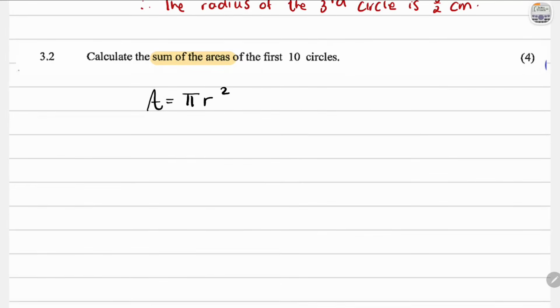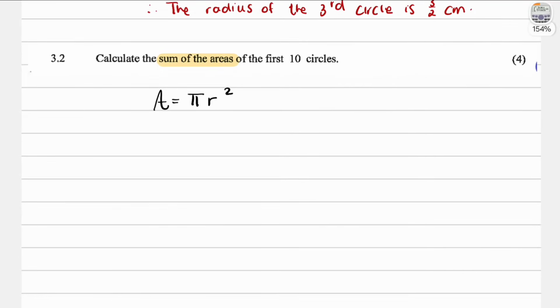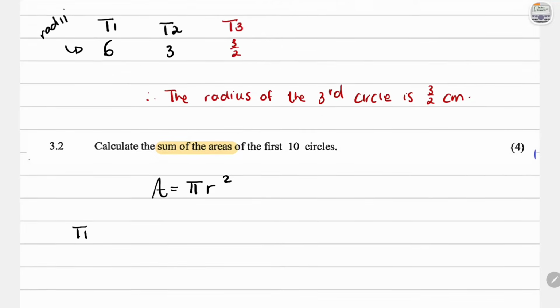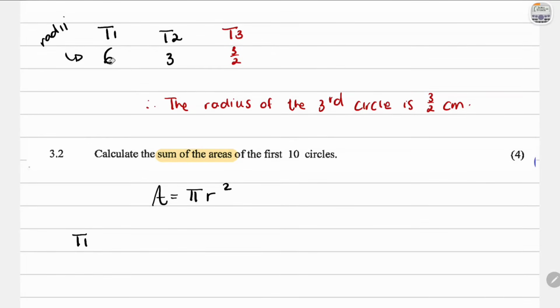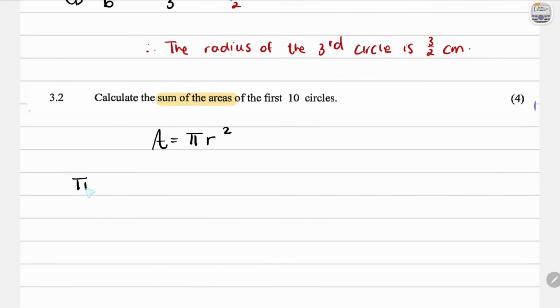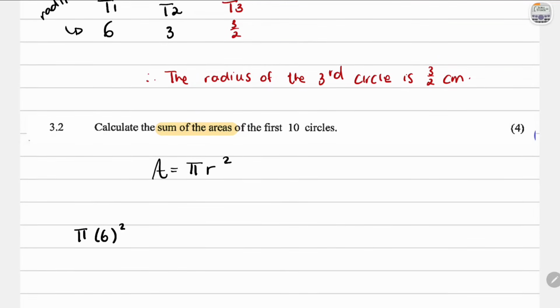So let's go ahead and expand what this pattern is going to look like first of all. Let's look at what the area of the first circle will look like. Remember that the radius of the first circle is 6. So T1 is going to be pi times 6 squared. That is term 1.